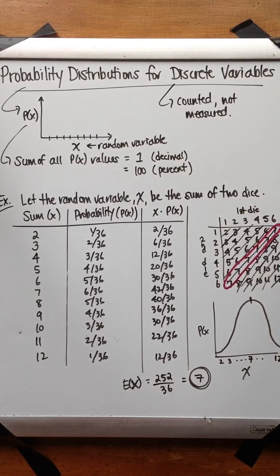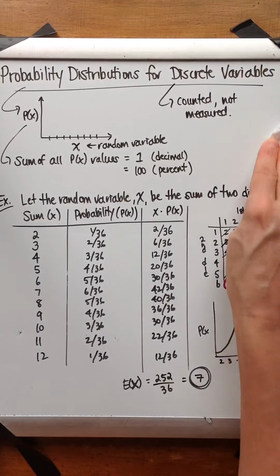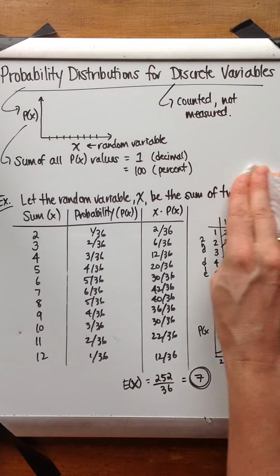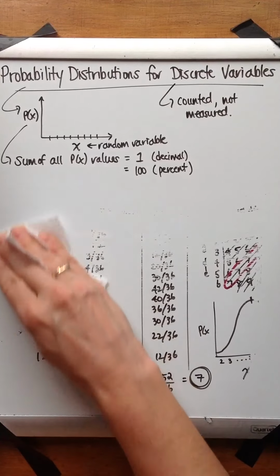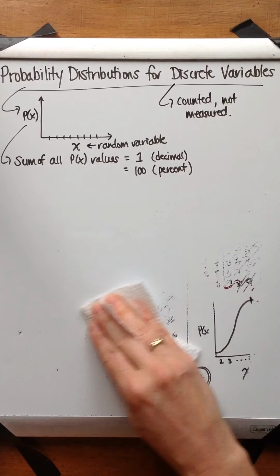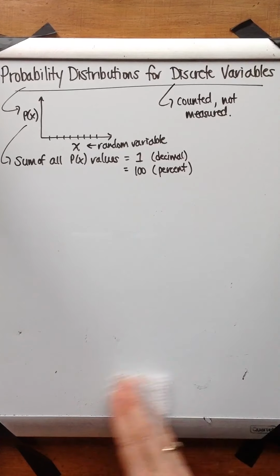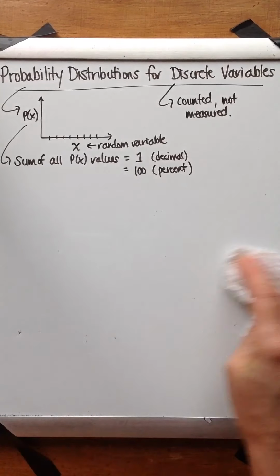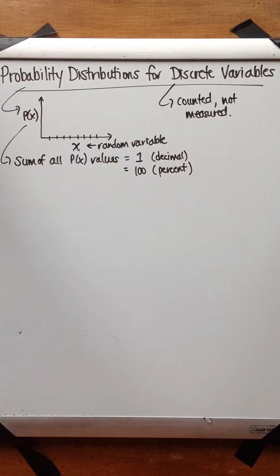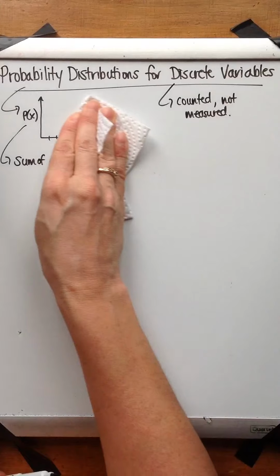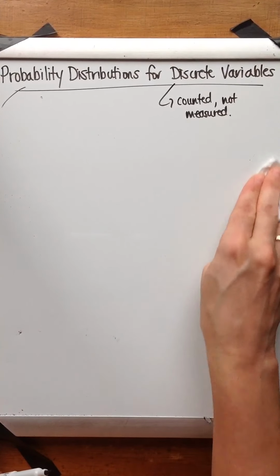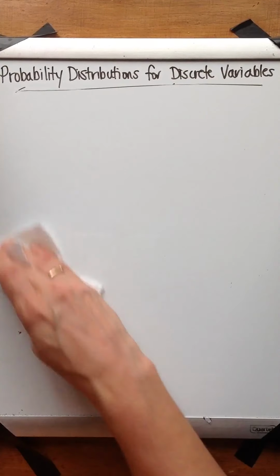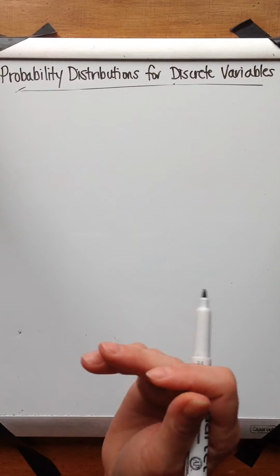Okay, let's do another example together. This time we're going to change the scenario so that the outcomes are maybe not as symmetrical as our previous example. So this time we're going to do a game. In this game, a player has to draw a card from a deck of 52 cards.